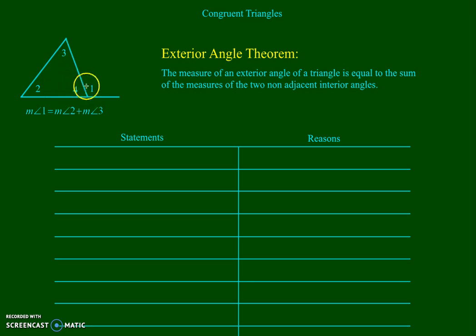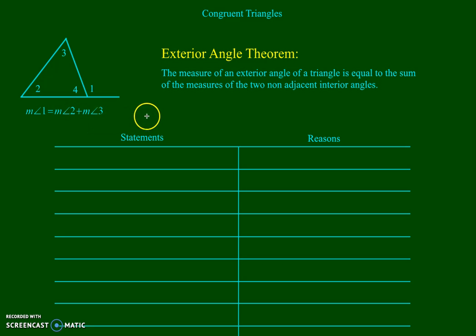We can see that these two angles are a linear pair, so therefore they're supplementary, so they sum to 180 degrees. And we should be able to do some sort of a substitution in here to replace this with these and hopefully get a relationship between angle 1 and 3 and 2. So there's a really rough sketch of our plan for our proof.